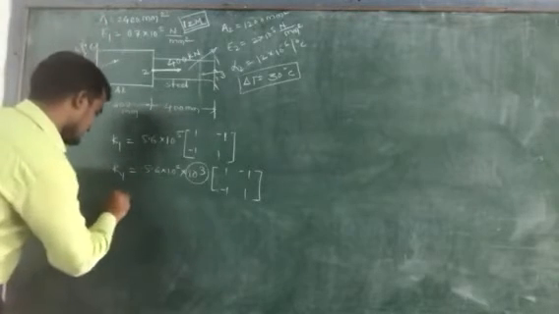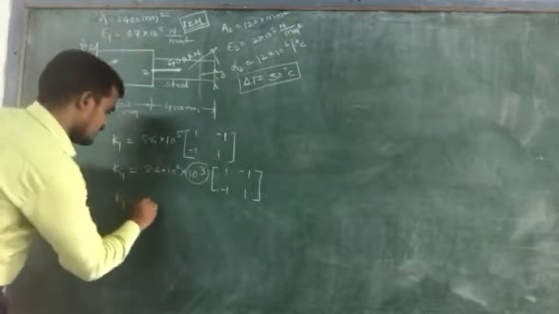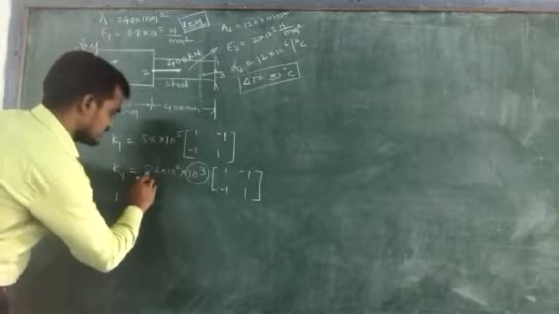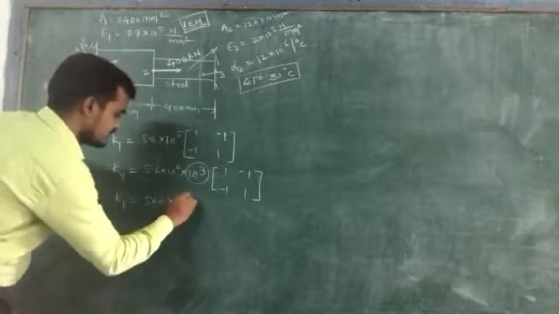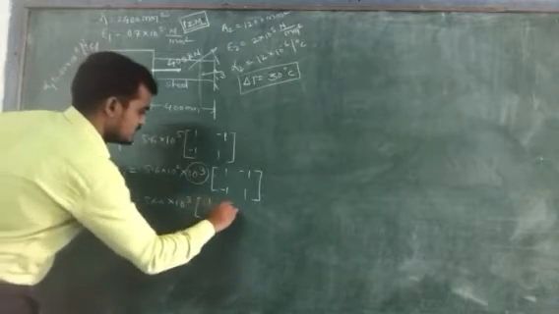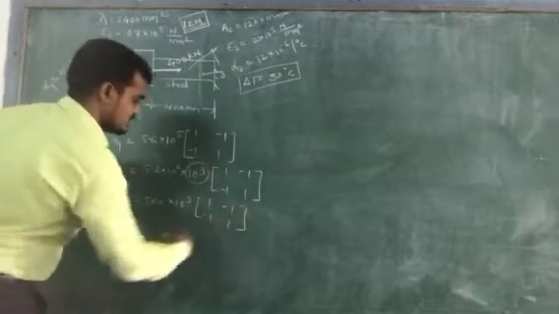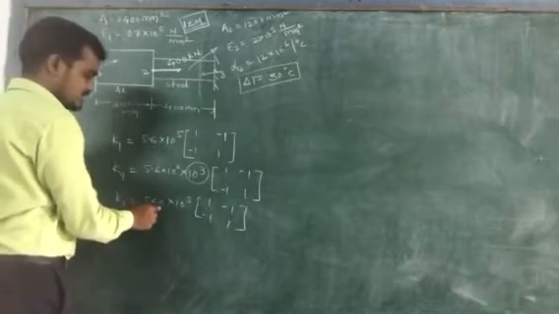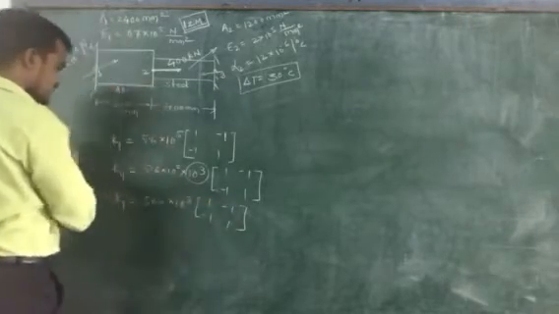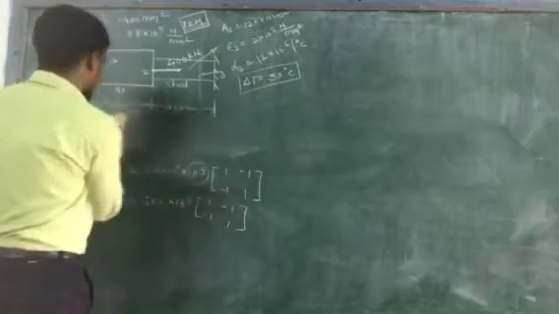So K1 becomes 5.6 into 10 raised to power 6, that is 560 into 10 raised to power 3 times [1 -1; -1 1].